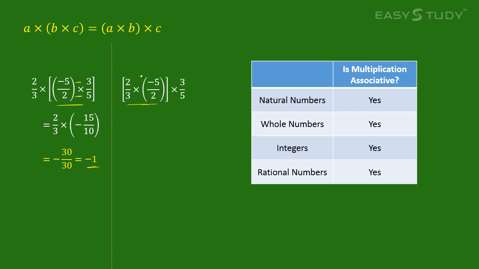Now let's simplify the other. 2/3 times -5/2 is equal to -10/6, times 3/5. If you simplify this further, that will give you -30/30, which is equal to -1. So in general, multiplication is associative for all number sets.